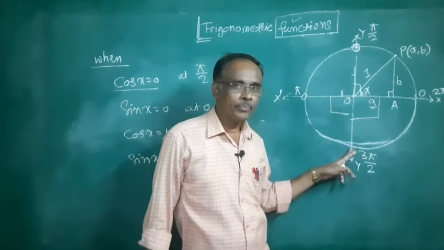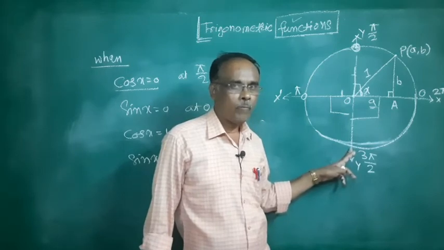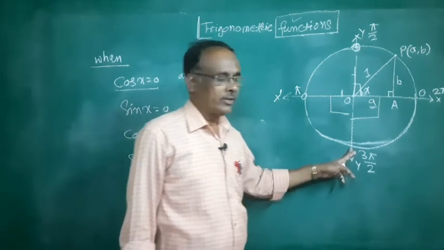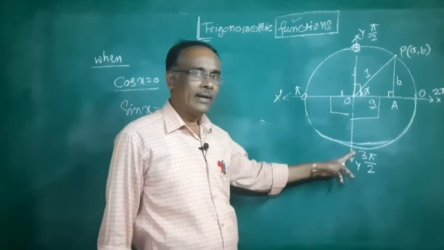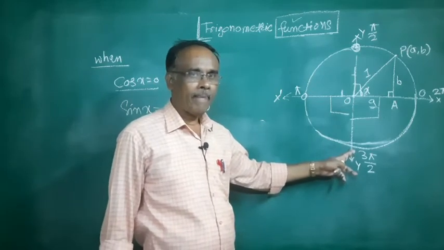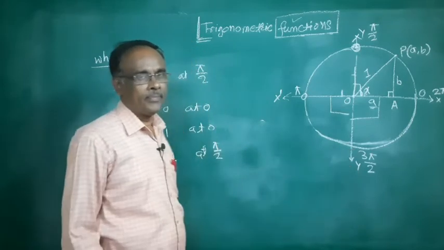On 3 pi by 2, cos x is 0 and sin x is minus 1. Okay.